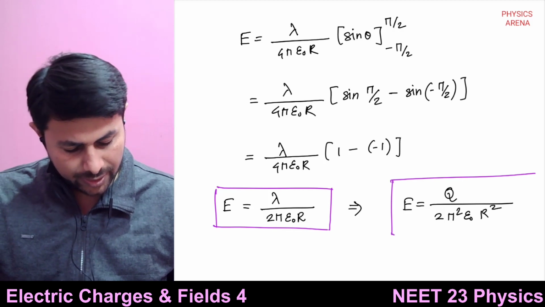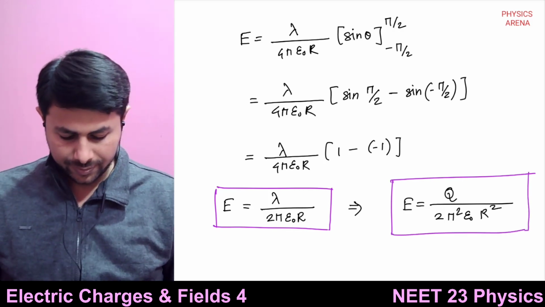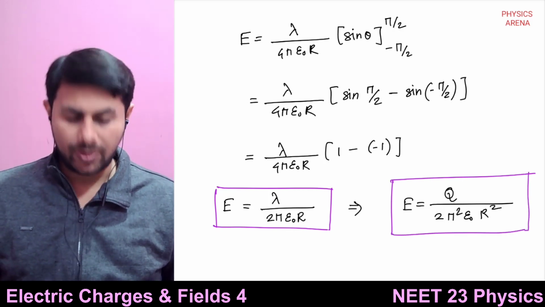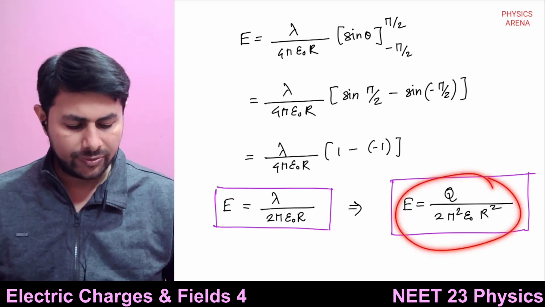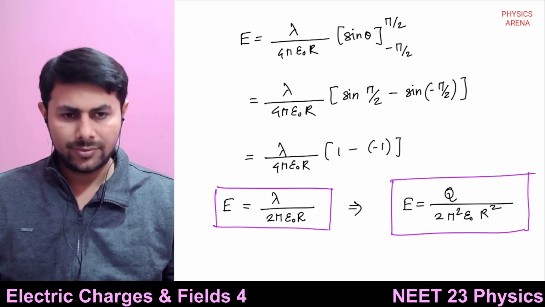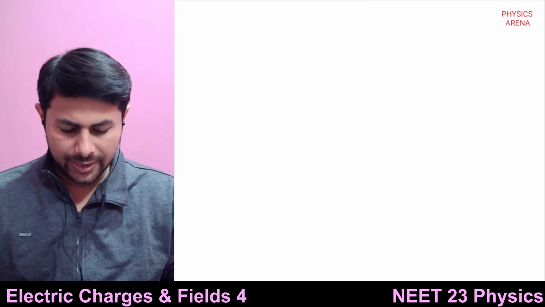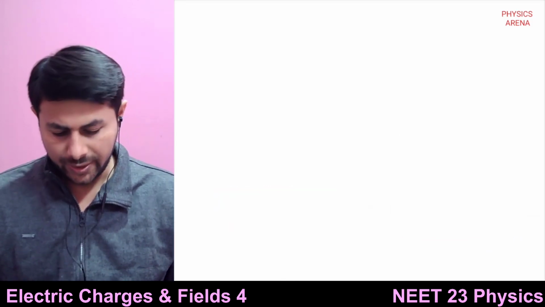So this is the formula. If lambda is given in the problem, we use the first formula. If charge is given, we can use this formula. So this was the electric field due to a semicircular ring.